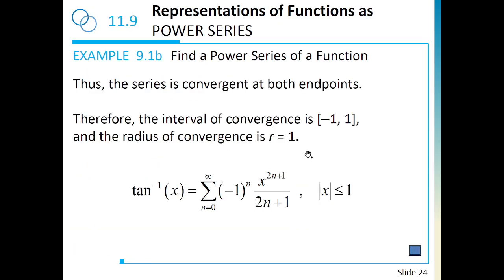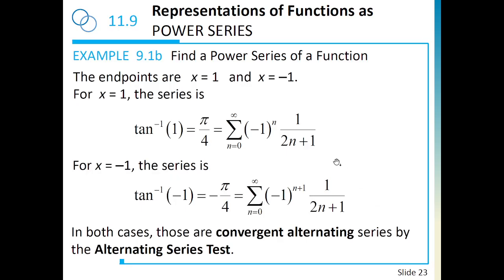So it means that both of the endpoints, -1 and 1, are included in my interval of convergence because the series is convergent at those values. So now the interval of convergence for my series for tan inverse is -1 to 1, inclusive of -1 and inclusive of 1. So that's why you have here smaller or equal.